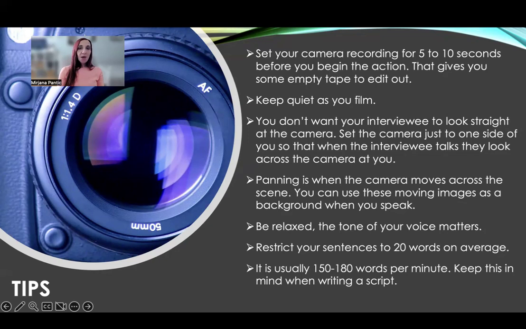That gives you some empty tape to edit out. Keep quiet as you film. You don't want your interviewee to look straight at the camera, so set the camera just to one side of you so that when the interviewee talks, they look across the camera at you.